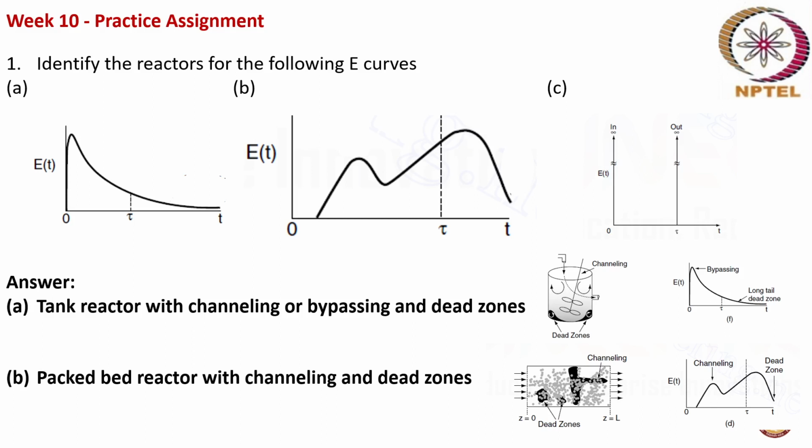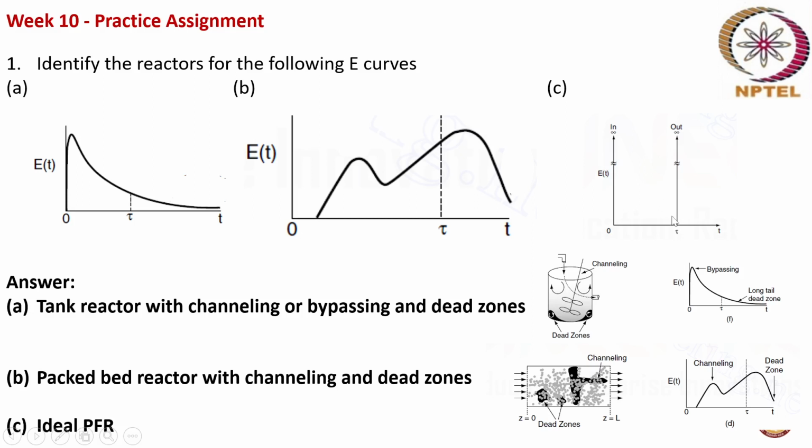So that fluid takes a very long time compared to the space time of the reactor to come out, which is shown by the second peak. Thus figure 2 is the exit age distribution curve for a packed bed reactor with channeling and dead zones. What about the third figure, which has a spike?